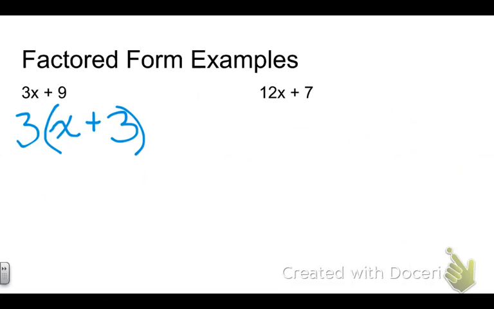All right. Same thing with 12x plus 7. All the numbers that go into 12, let's see. 2, nope, doesn't go into 7. 3, nope, doesn't go into 7. 4, nope, doesn't go into 7. And 6, nope, doesn't go into 7. All right, well, let's move on to the variable. Does that have an x? No, it doesn't. So guess what?